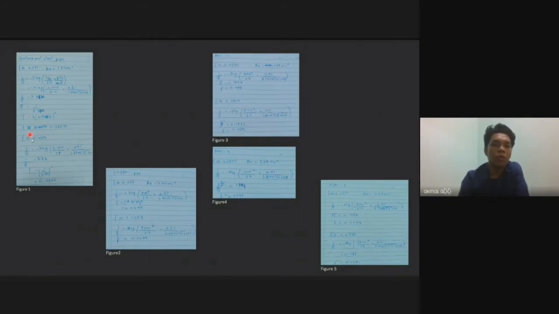Second one is we assume that F approximately approach to 0.0291, and the final answer is 0.0306. We can conclude that for galvanized steel pipe, the friction F is approximately equal to 0.03. Same goes to copper pipe and the three PVC pipes.